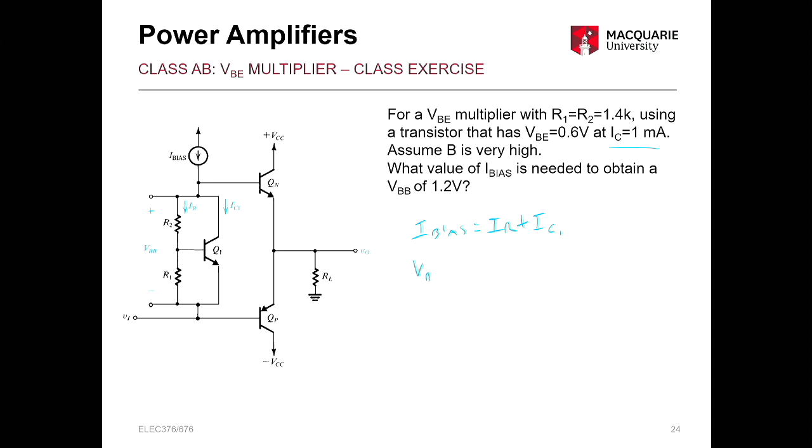We can just use the VBB, which we know is equal to 1.2 in this case, equals IR times R1 plus R2. Of course, we have the R1 plus R2 information. So IR comes out to equal 0.428 milliamps. Once we add our IC1, then 1.428 milliamps. Okay? Pretty straightforward.